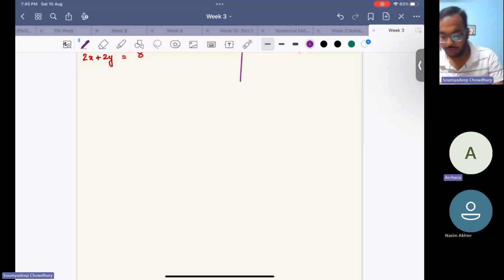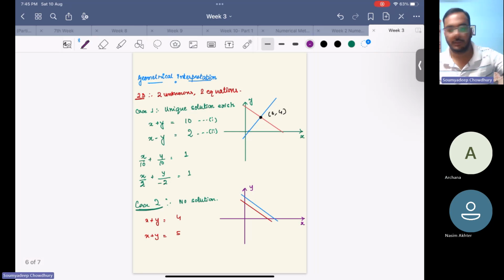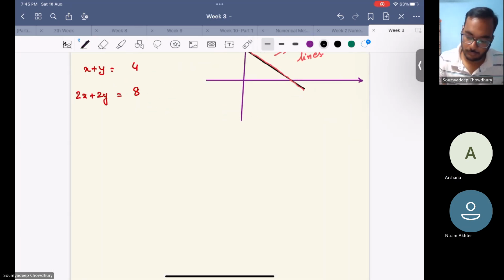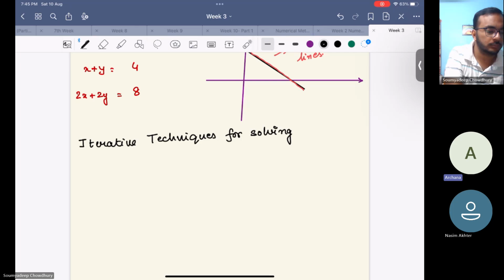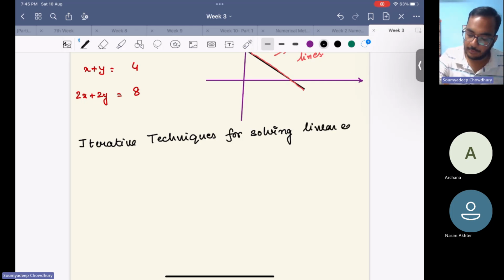So these were the geometrical interpretations. Any doubts? No, sir. Okay. So now we will move to some of the iterative techniques for solving linear equations.